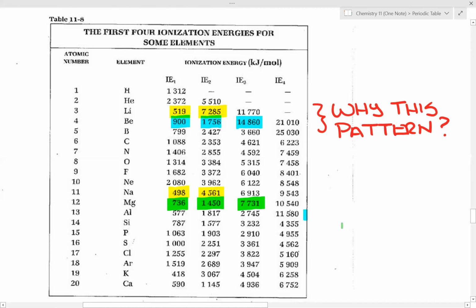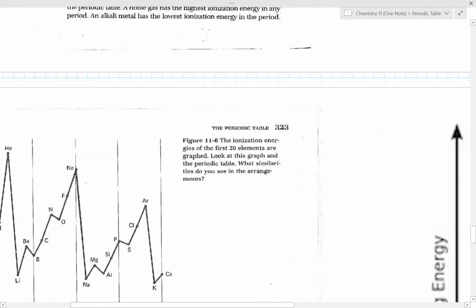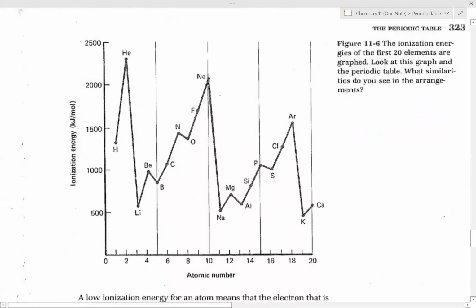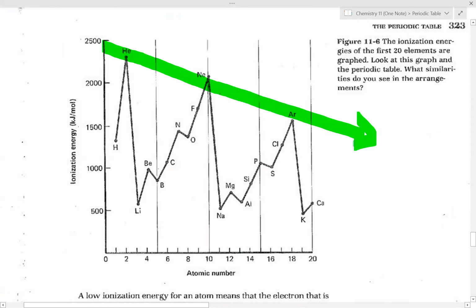Now, the other thing I would like you to be aware of is on page 323, there is a graph of ionization energy to atomic number. Notice helium, neon, argon in the same family. It's going down.